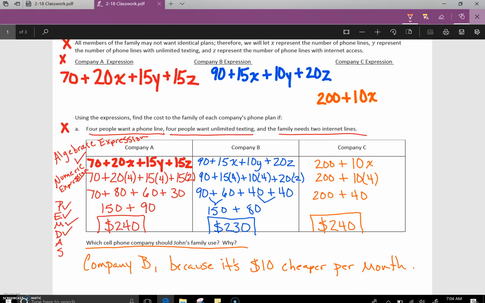Now, it wouldn't work for everyone's family, but in this situation where they want 4 phone lines, 4 unlimited texting lines, and 2 internet lines, it's going to be the best choice for this family.